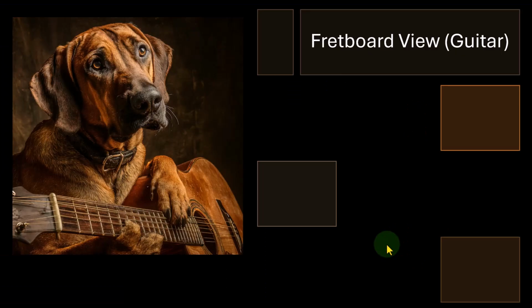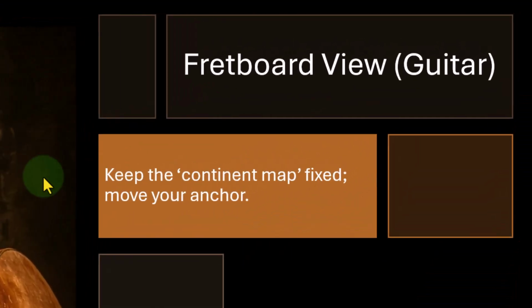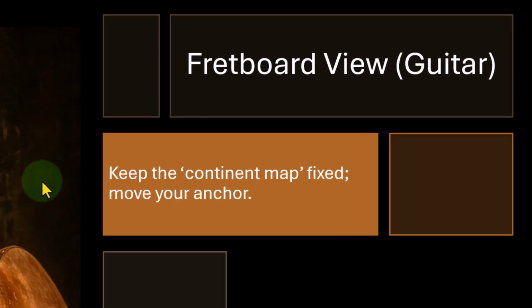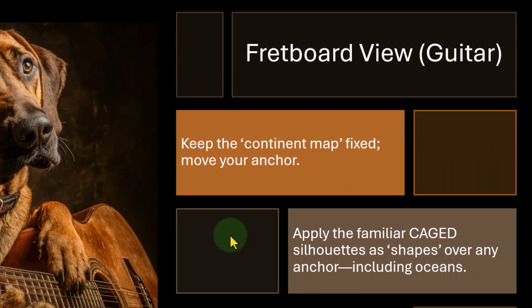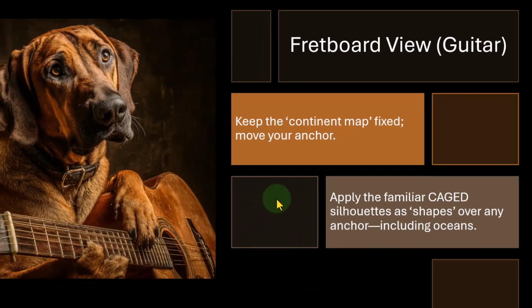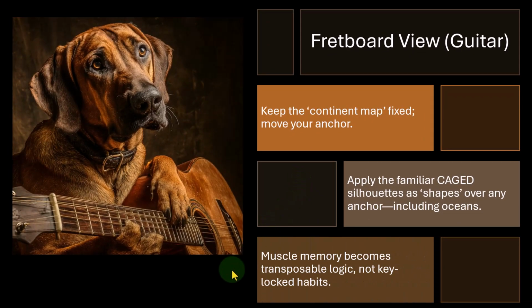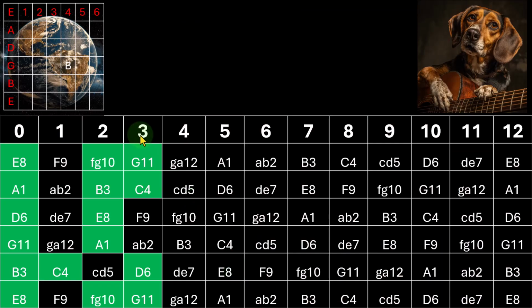All right, and then this is going to be fretboard view. So keep the continent map fixed, move your anchor. So apply the formula, CAGED silhouette as shapes over any anchor, including ocean. Musically, memory becomes transposable logic. In other words, similar analogy here.